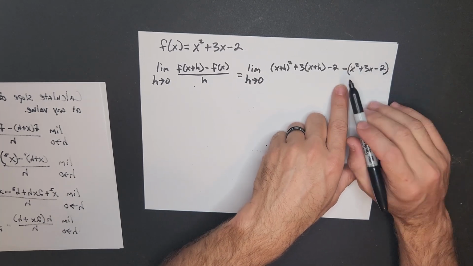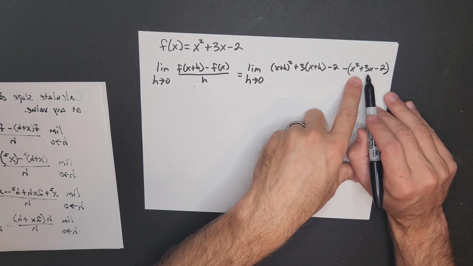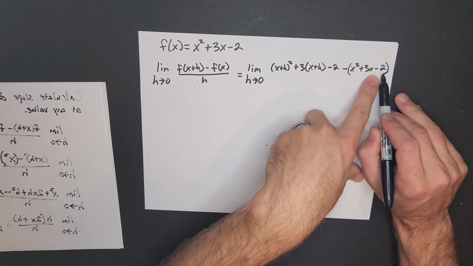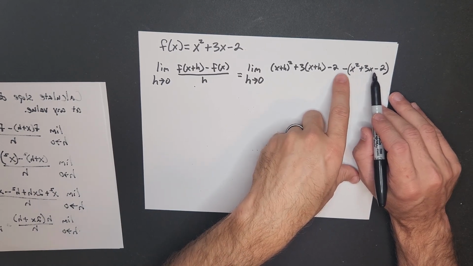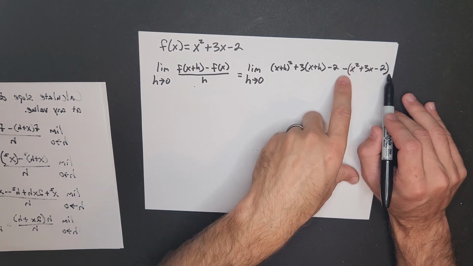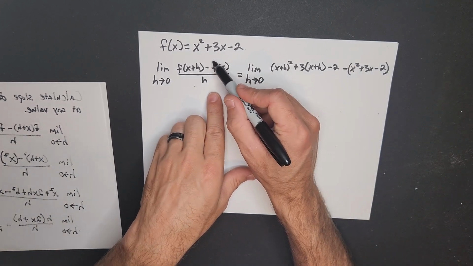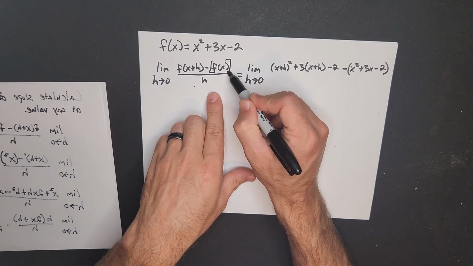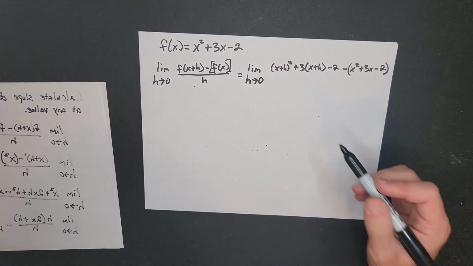Now, as soon as I put parentheses around it, this negative gets distributed. It turns my 3 negative and my 2 positive. So please make sure you watch your negative here. You have to put parentheses around your second function. In fact, it might even be good practice to go ahead and put brackets or parentheses around that f of x function. That way you just remember it.